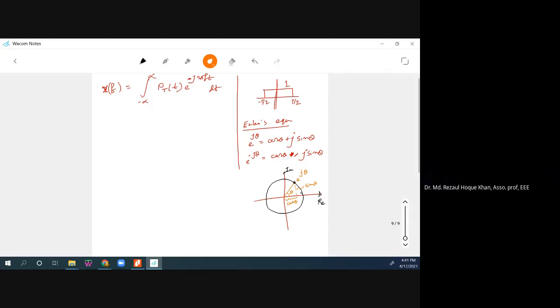Okay, so substitute everything, minus infinity to plus infinity. What is p(t)? The amplitude is 1, the amplitude of the pulse, one unit, and e to the power minus j 2 pi f t dt.